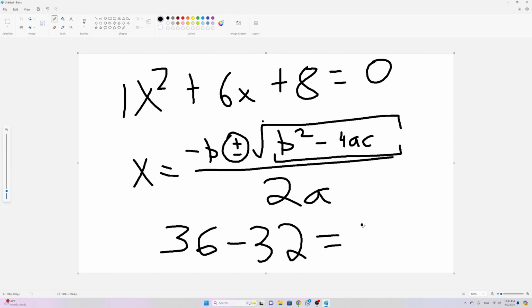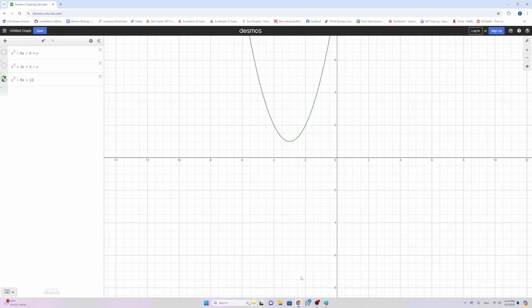And this equals 4. How does this number compare to 0? 4 is greater than 0, right? So when you have a positive number, you'll have two solutions. And we see that in our Desmos graph as well: for x squared plus 6x plus 8, we had two solutions.